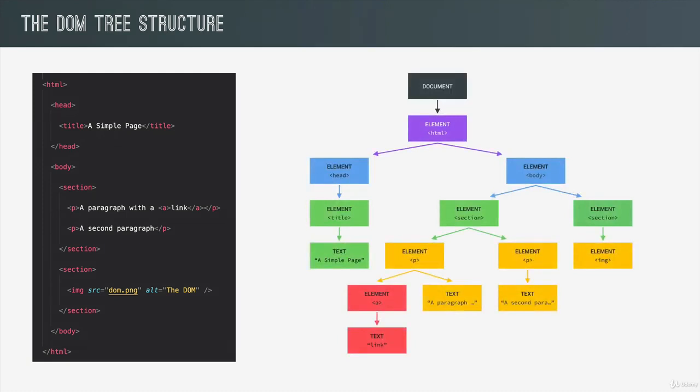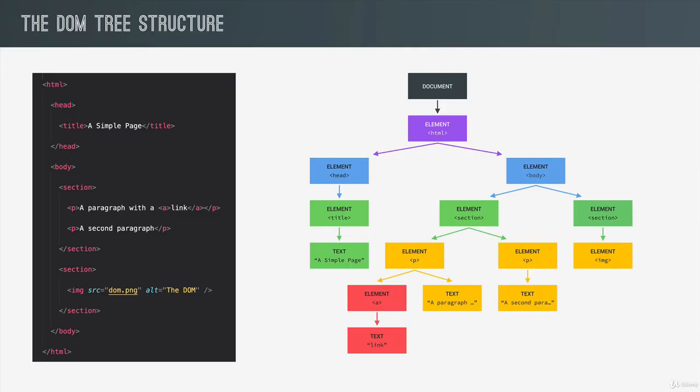To illustrate this, here is a very simple HTML document, and here is what the DOM tree corresponding to this HTML looks like. So, as I already mentioned, this is a tree structure, which looks a bit like a family tree, right? And actually, we use the terms child element, parent element, sibling element, and so on when we talk about the DOM tree and DOM manipulation.